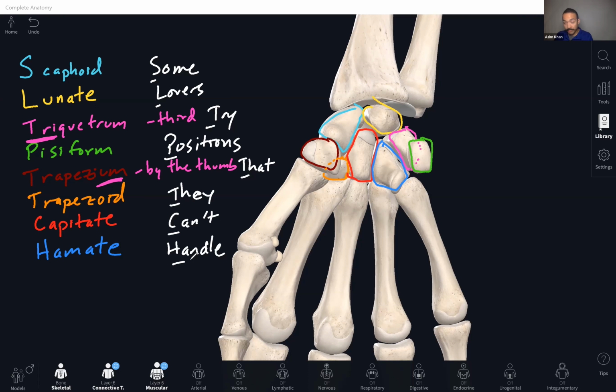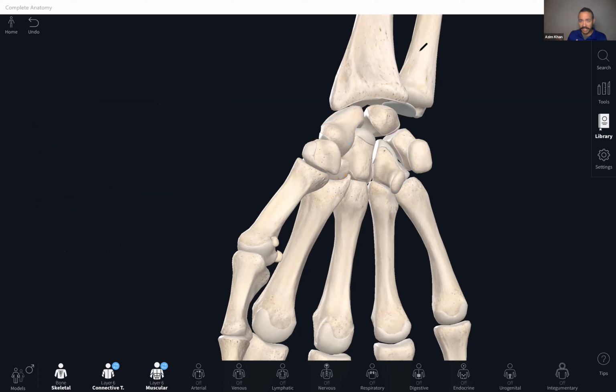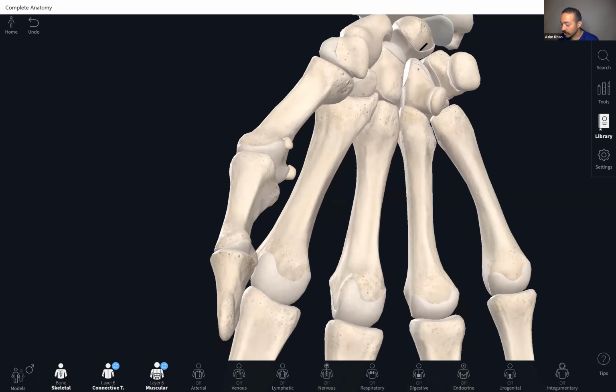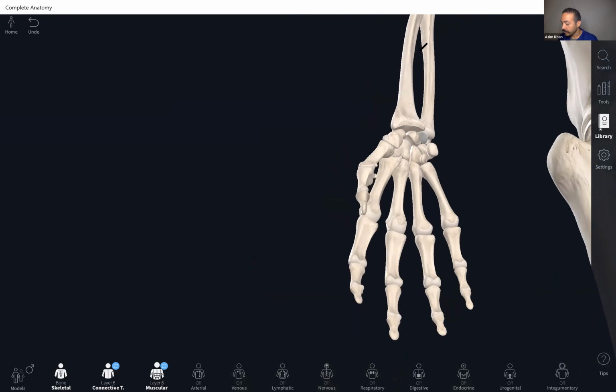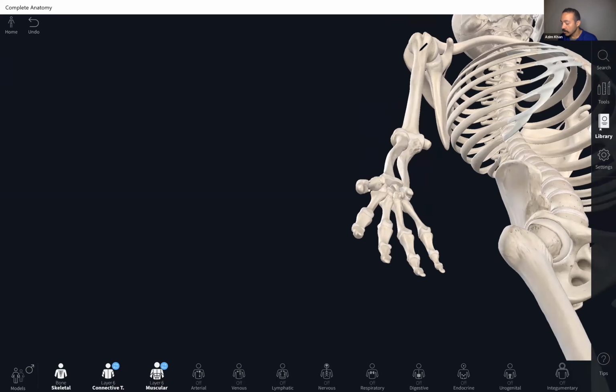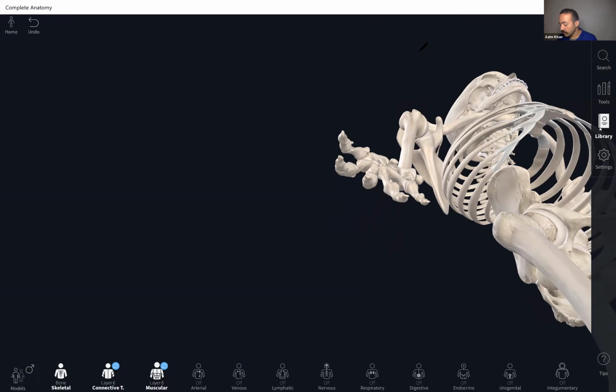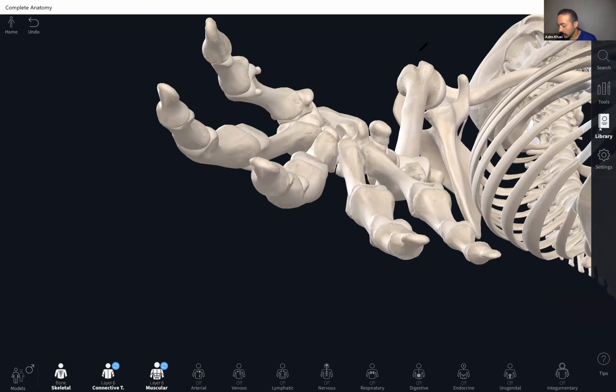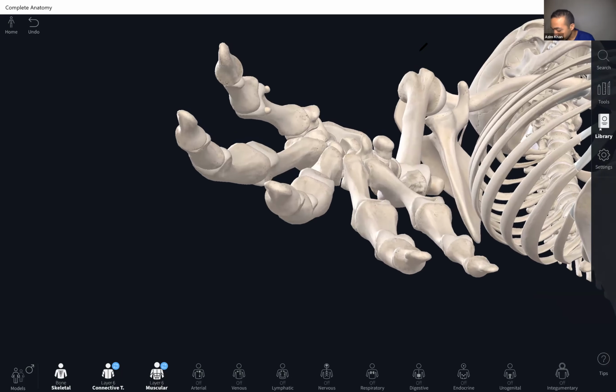Another thing I want to point out, I'm going to clear this. Notice again how it's not perfect rows. The reason why it's not perfect rows is because there's curvature here. Look at the curvature of these bones. We're looking from an inferior view.